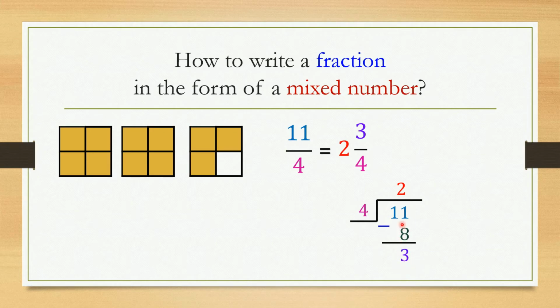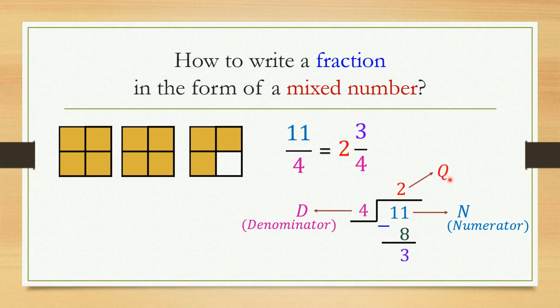So here we divided the numerator 11 by the denominator 4. 2 is the quotient. We represent it by capital Q, which stands for quotient, and 3 is the remainder.